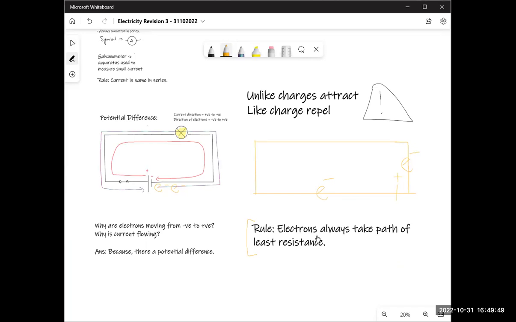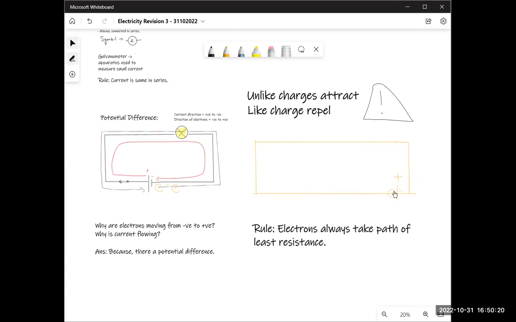Read this rule right here. Electrons always take a path of least resistance. What is the meaning of resistance? What that means is they want to move the shortest distance. Now tell me, what is easier? If the electron was here, will the electron go the whole way around the circuit and come here, or will it go directly to the positive charge there?